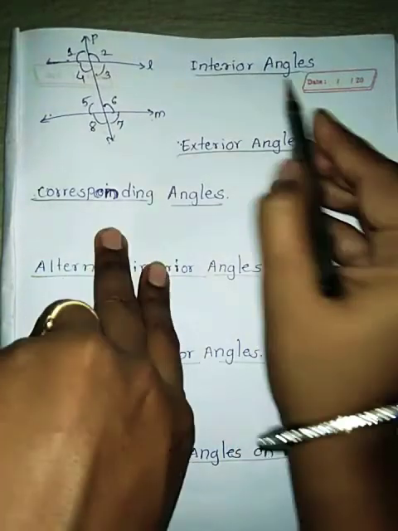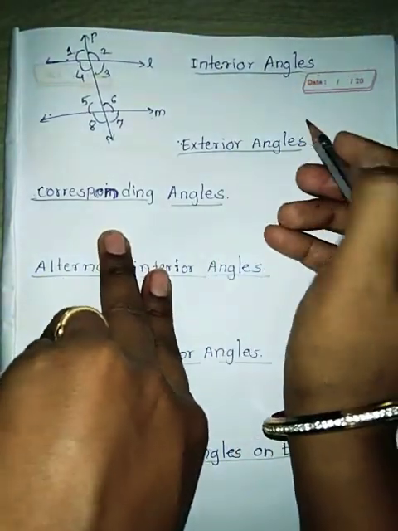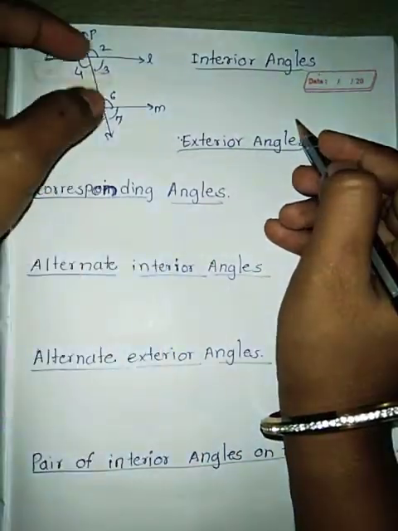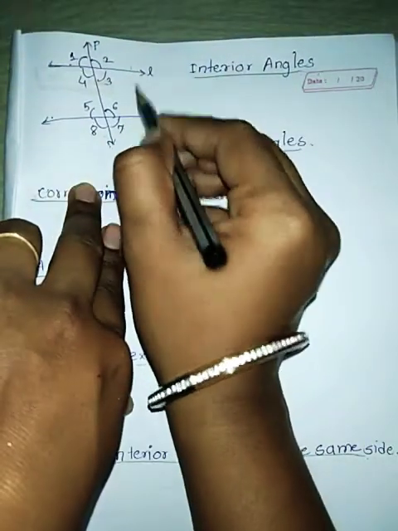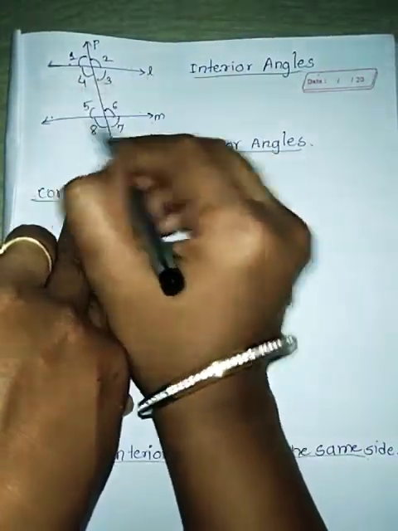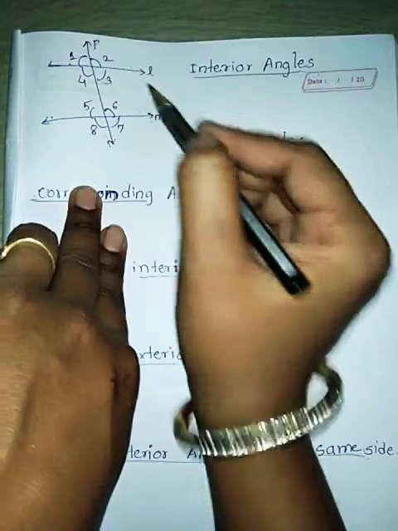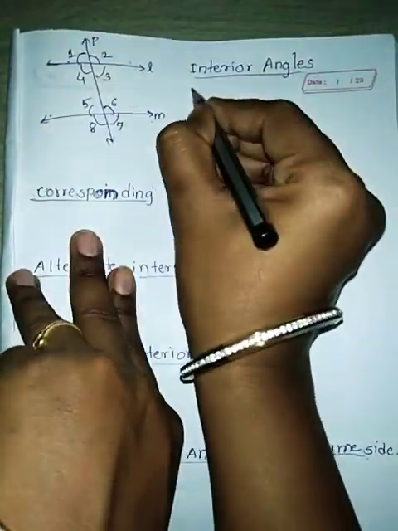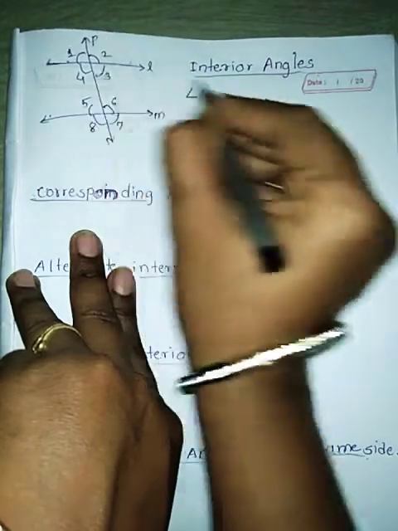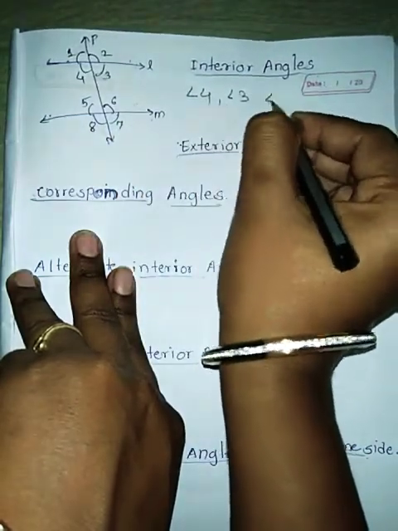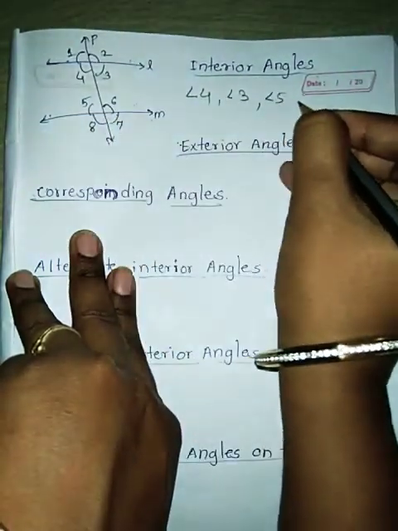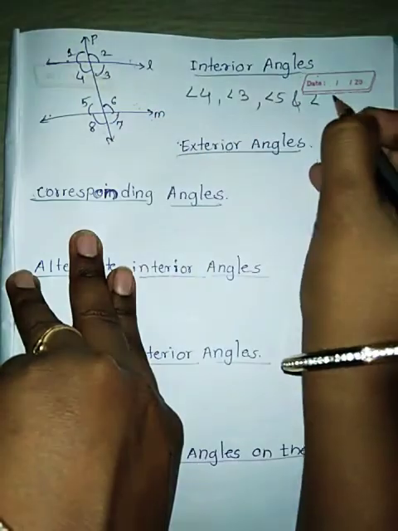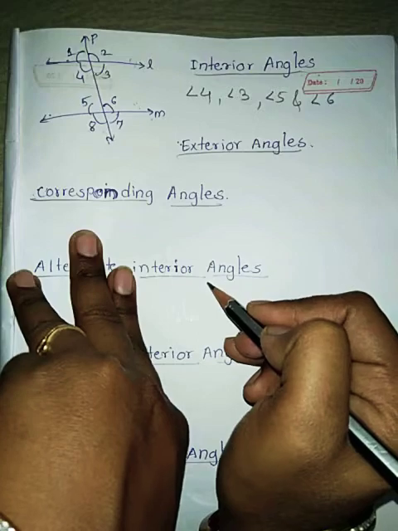Now the first point is interior angles. Interior angles means angles inside these two lines. Whatever angles are inside, they are called interior angles. Then what are the interior angles? Angle 4, angle 3, angle 5 and angle 6. These are interior angles.